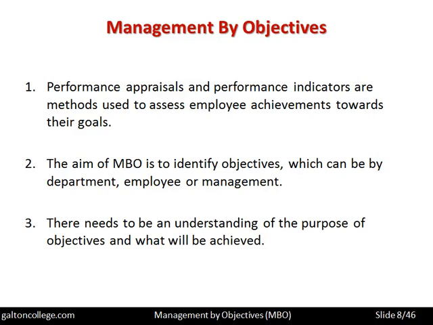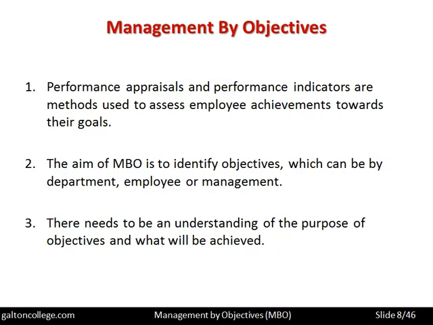There needs to be an understanding of the purpose of objectives and what will be achieved. Of course, central to much of this discussion is the need for good communications throughout the system. The employees on the shop floor must understand why it's necessary for them to achieve their objectives. The line manager must understand why he or she must achieve his or her objectives.